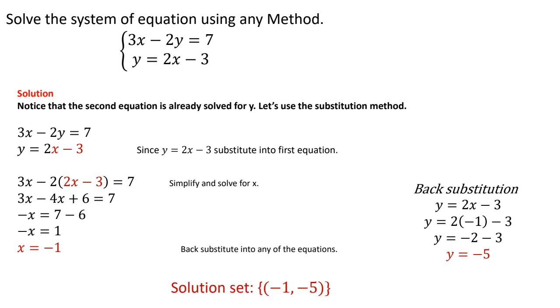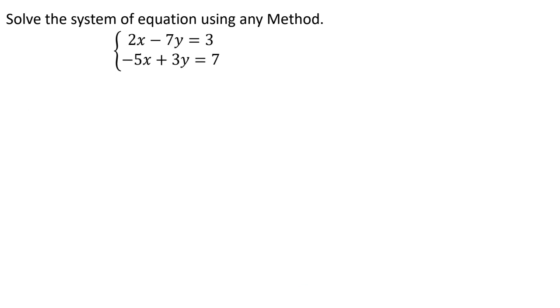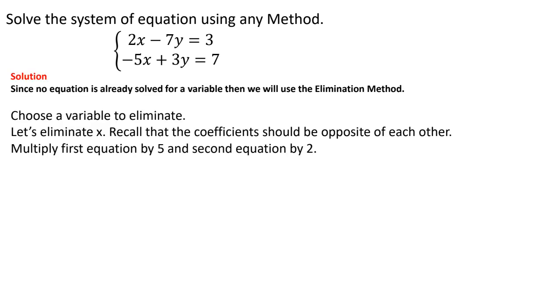All right, let's look at another problem. It's a little bit more complicated. And again, they're letting us solve any method that we want. So let's choose the elimination method on this one.